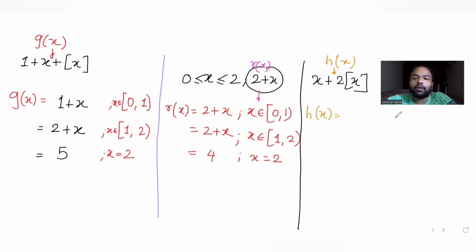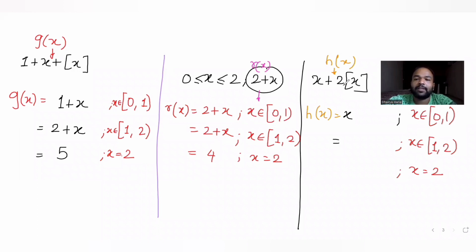If I put the values of x first from 0 but less than 1, values of x from 1 but less than 2, and the value of x equal to 2, let's see what our h of x becomes. From this, x plus 2 into 0, so x plus 0, which turns out to become just x. So this is your function.